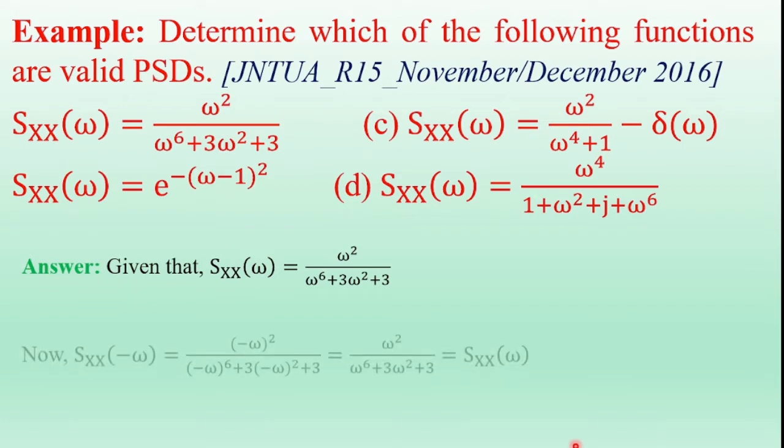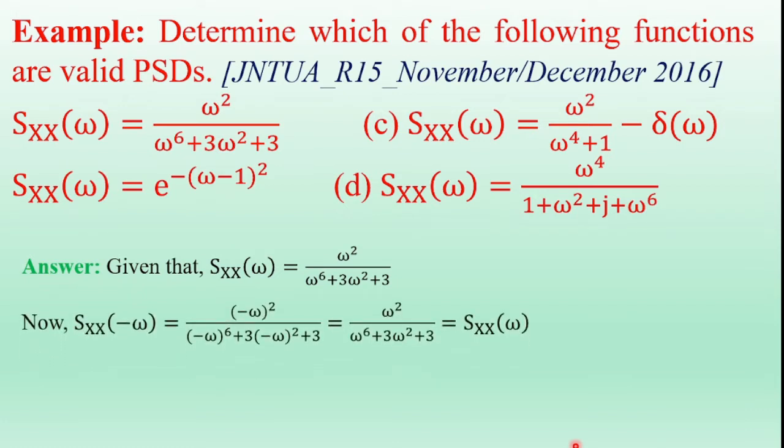So first we calculate Sxx of minus omega. In the given Sxx of omega, omega is replaced by minus omega, we get Sxx of minus omega is equal to minus omega square by minus omega power 6 plus 3 into minus omega square plus 3.